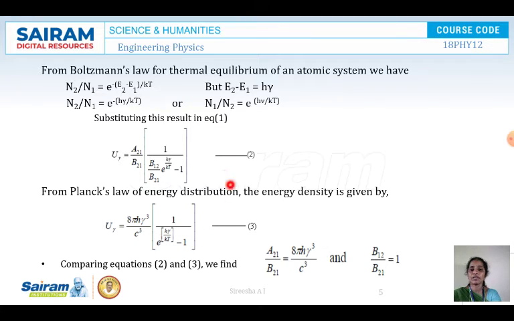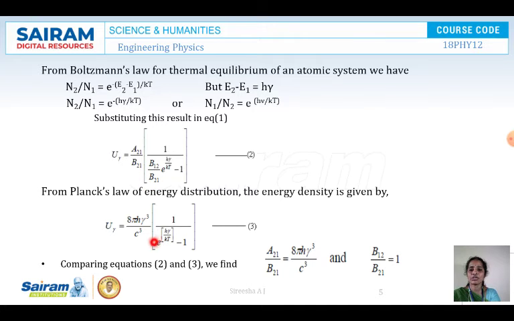If you compare these two equations, you can see here this part A21 by B21 is nothing but 8 pi h nu cube by c cube. The coefficient of e to the power of h nu by KT here is 1, and in the other equation it is B12 by B21.